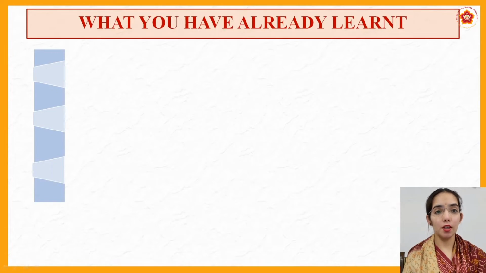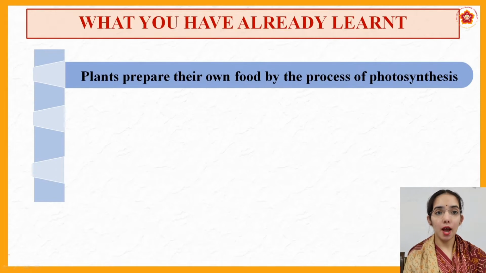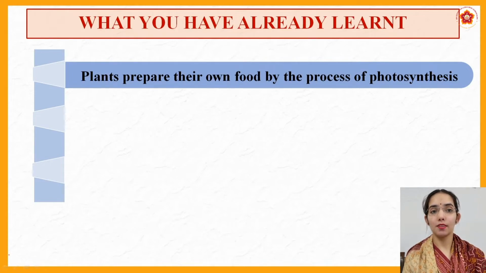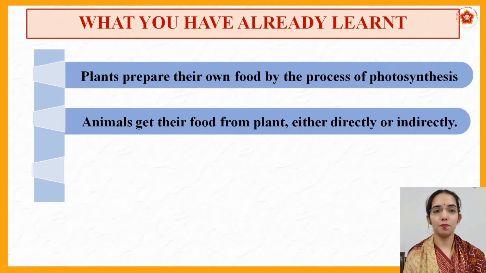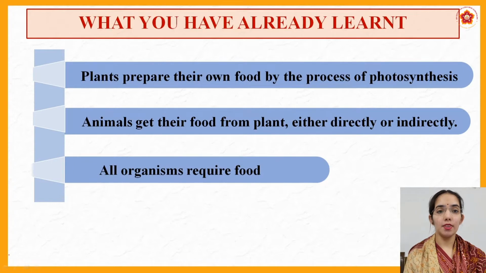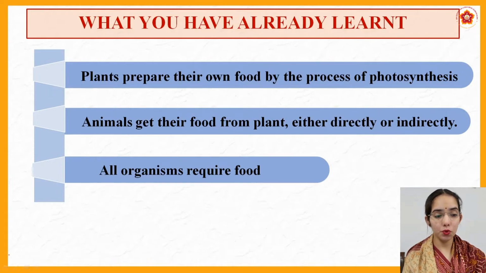What you have already learned. In the previous chapter, you had studied that plants prepare their own food by the process of photosynthesis. So plants are autotrophs. Then animals get their food from plants either directly or indirectly. So animals are heterotrophs. Then we also learned that all organisms require food. We studied why all organisms require food.